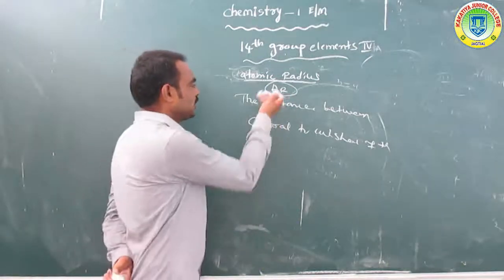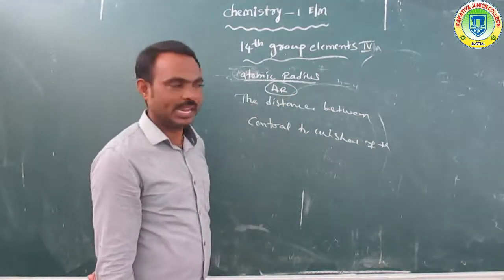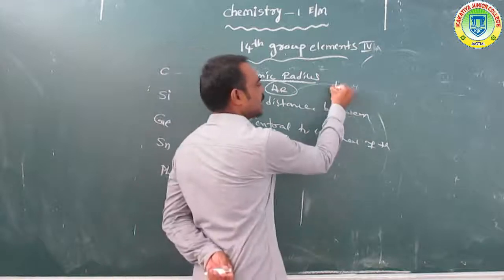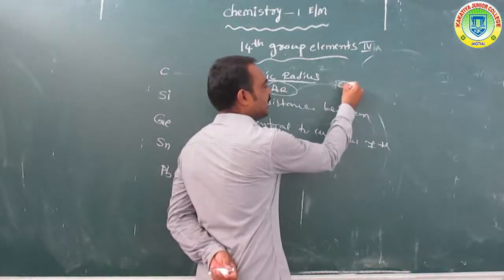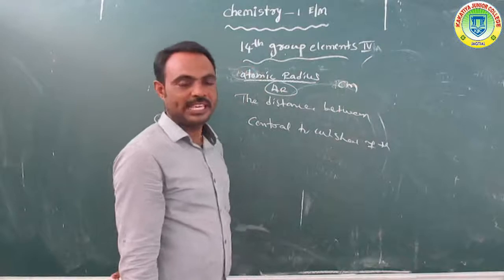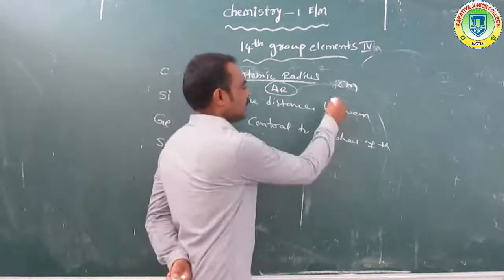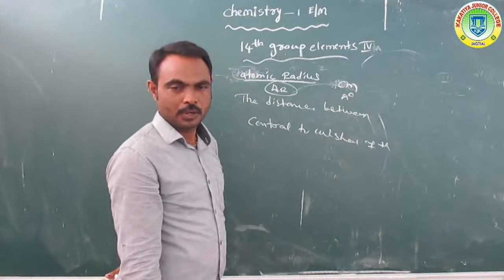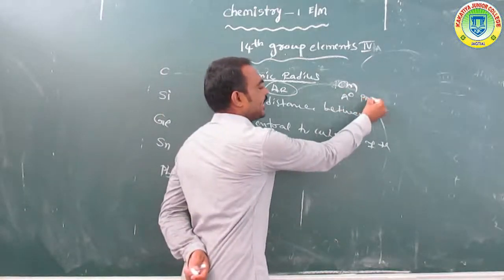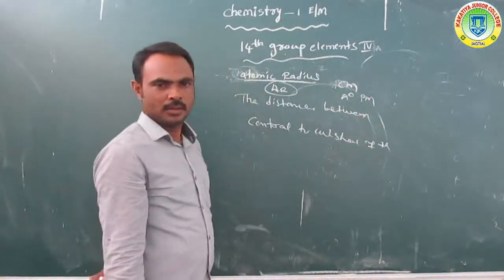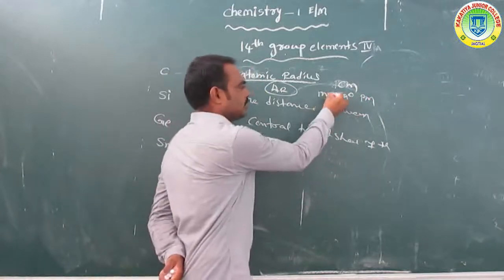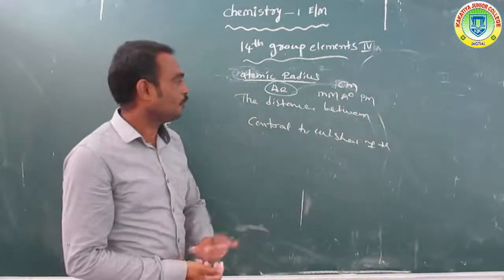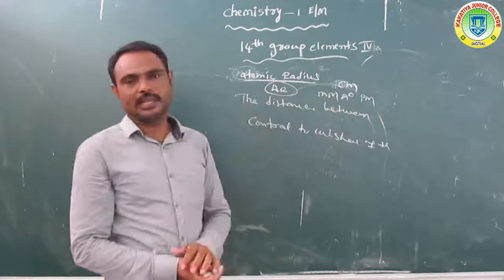Okay, so what are the units of atomic radius? Centimeters, millimeters, angstrom units, and picometer units. These are all units of atomic radius.